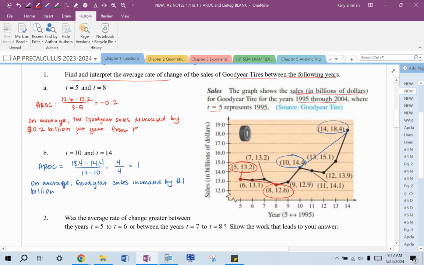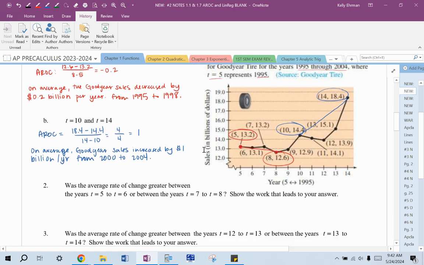That was 1995 to 1998. That's important context. So I'm going to do the same thing here. Increased by 1 billion per year from, let's see, 5 is 1995, so 10 is going to be 2000 to 14 is going to be 2004.